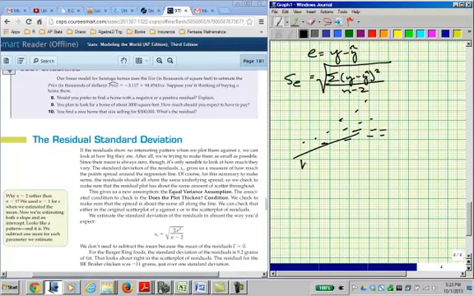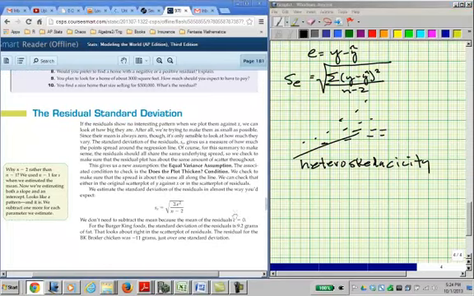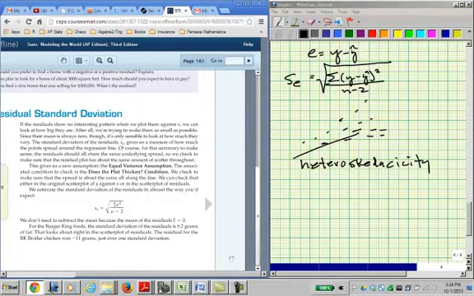And that's heteroscedasticity. Heteroscedasticity refers to the data spreading, having a fire hose effect. That's one more visual check that you make.